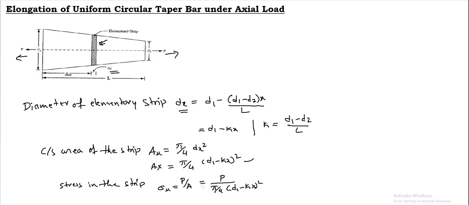Now I will rewrite this equation, rearranging the terms. The 4 goes from denominator to numerator, that is 4P divided by pi times D1 minus kx whole square. This would be the stress in the elementary strip.